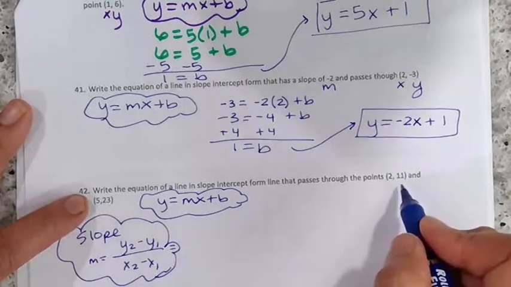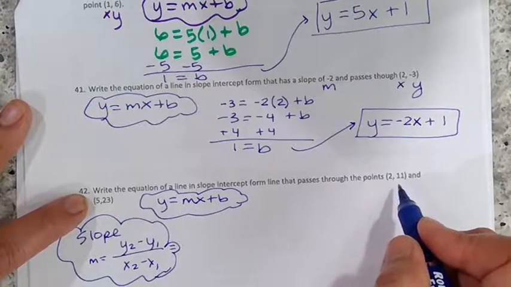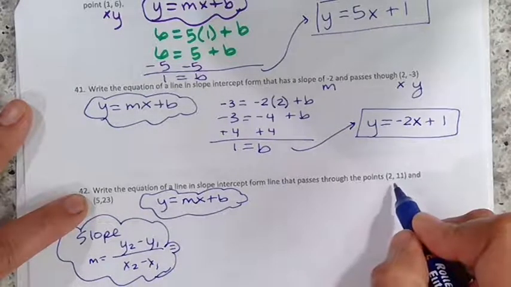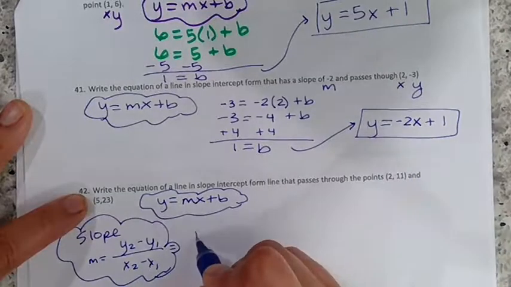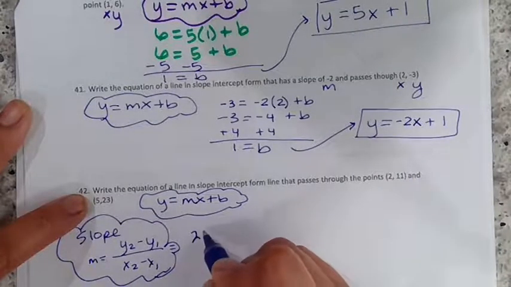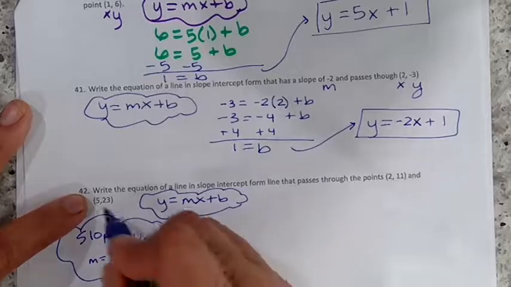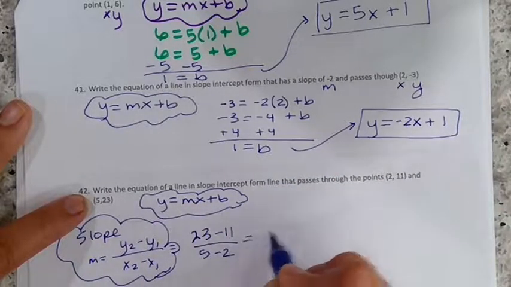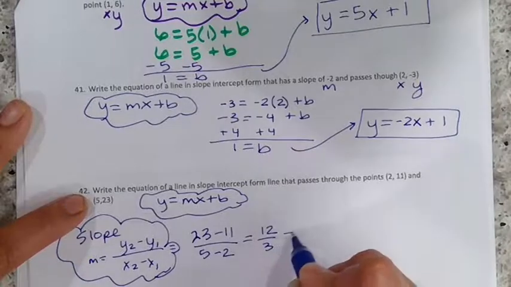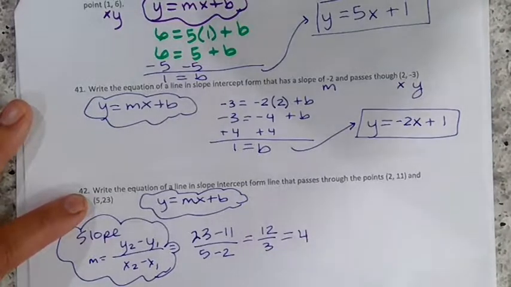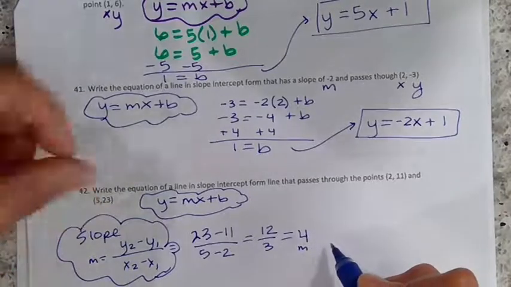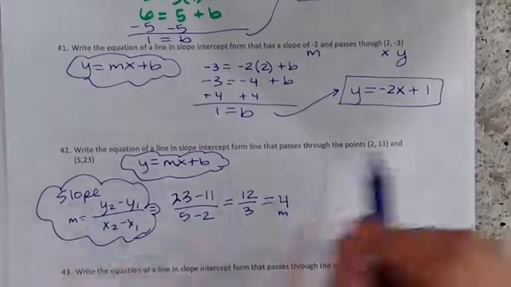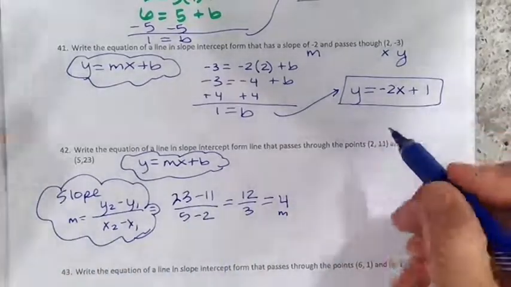So this is going to be 11 minus 23, or you could do 23 minus 11, same thing. Let's just go 23 minus 11 over 5 minus 2. That means that your m is 4, and now you pick a point. Which point do you think would be easier to use, the (5, 23) or the (2, 11)? You can actually use either point.